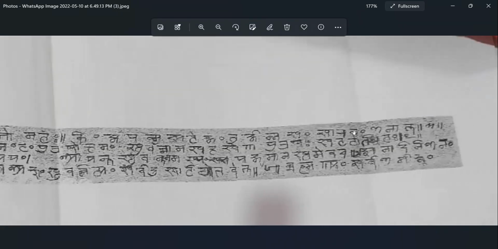And the next one I don't know, with Anuswara, but what's this? Ba. Samsara. No, one minute. Samsara. Bam.